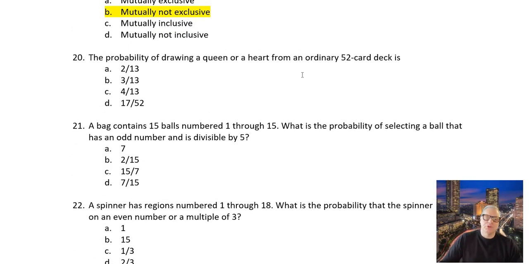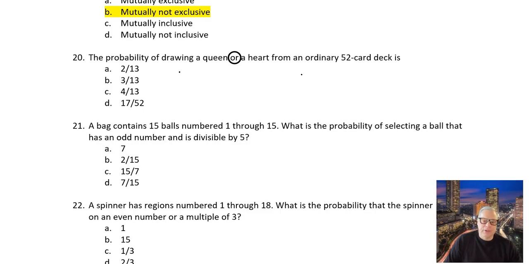Okay, so now what's the probability of drawing a queen or a heart from a 52 card deck? So this is OR, so that calls for the addition rule, and the events are not mutually exclusive.